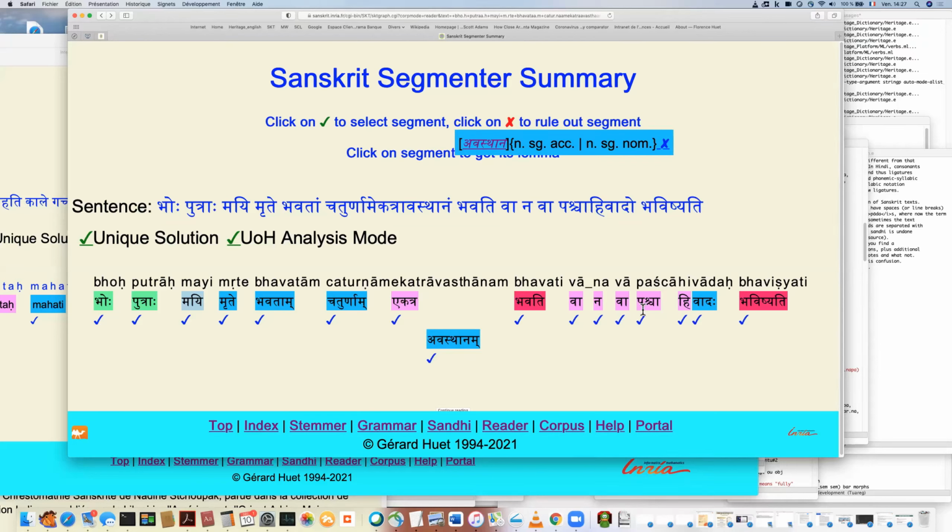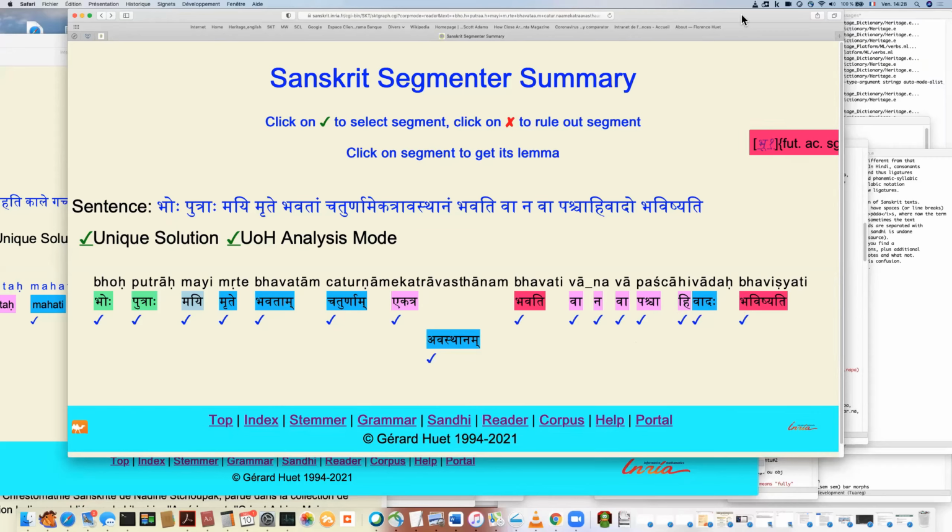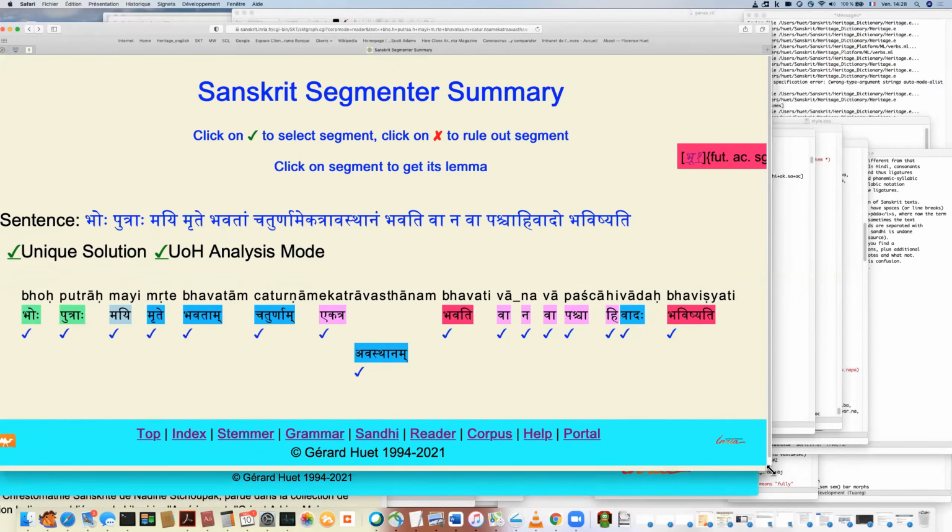Paschat. Oh, this is indeclinable. Avyaya. Here it means later. Later. Really. Vada bhavishyati. Vada is argumentation. And bhavishyati is a future of what?